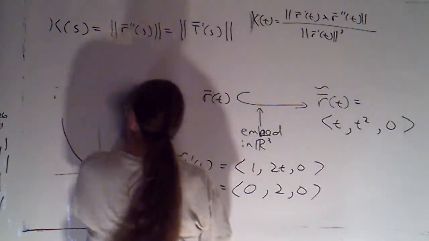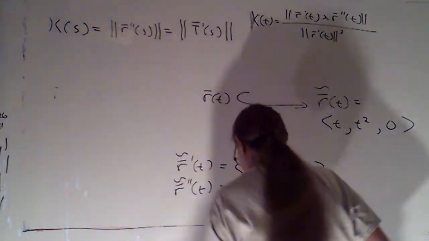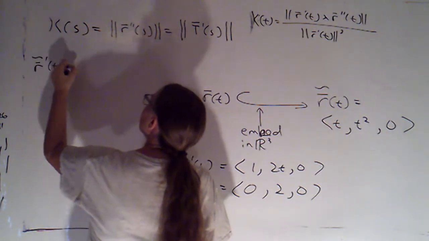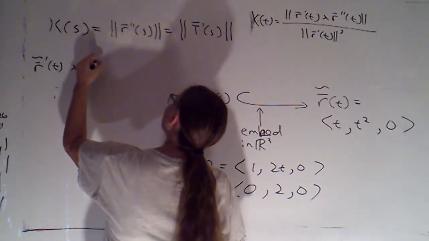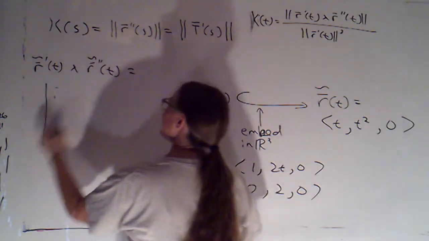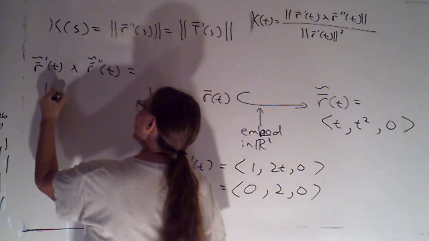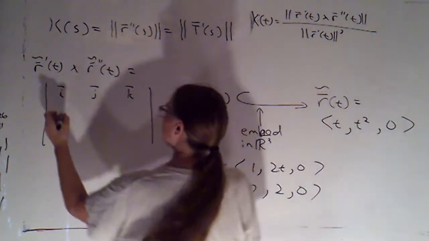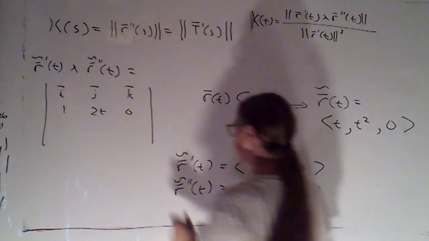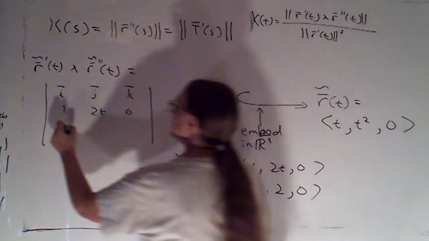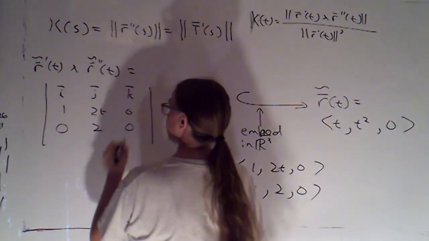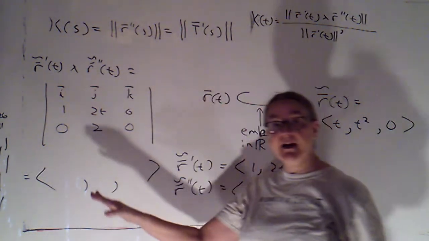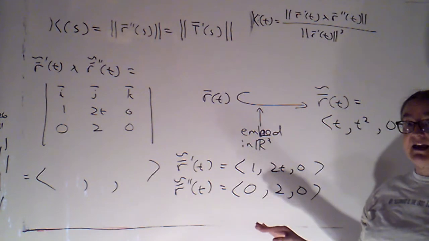So now I can calculate the cross product. R tilde prime crossed with r tilde double prime is going to be the symbolic determinant i, j, k; r tilde prime was 1, 2t, 0; r tilde double prime was 0, 2, 0. Now if I calculate that, I'm going to get some i's, some j's, and some k's.